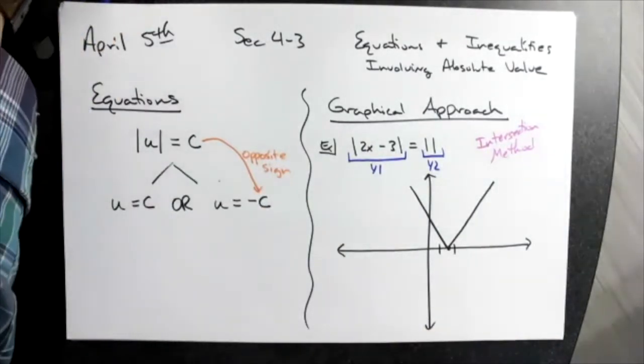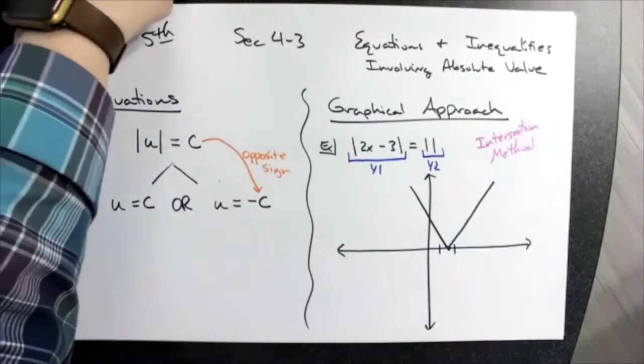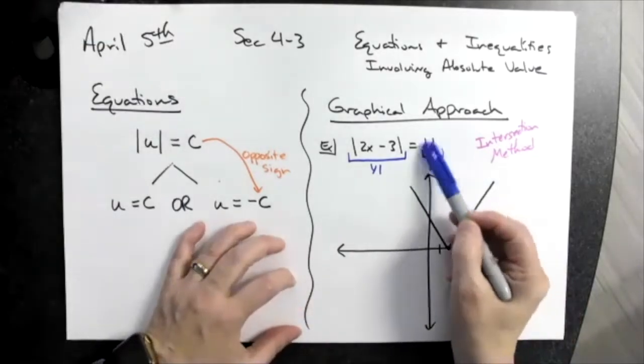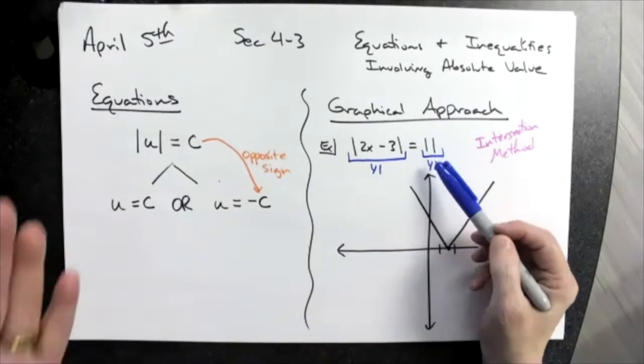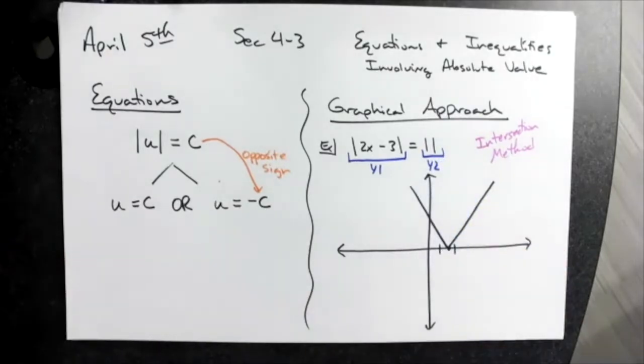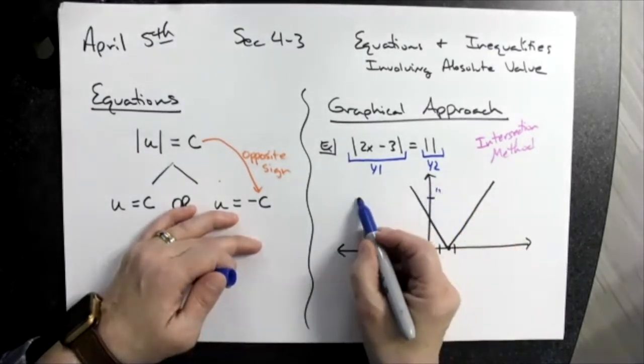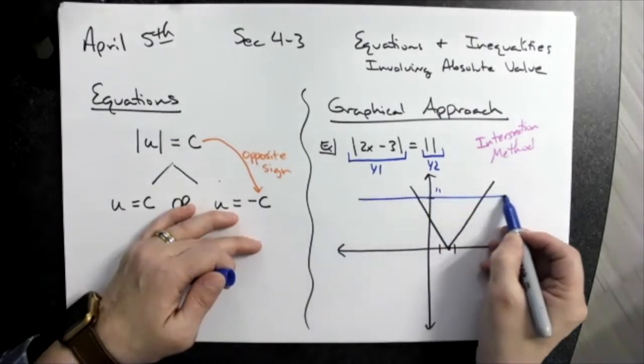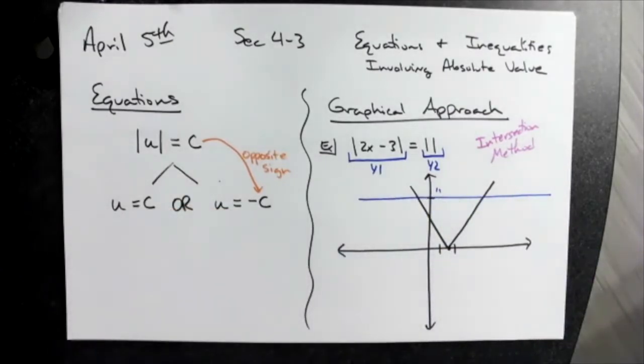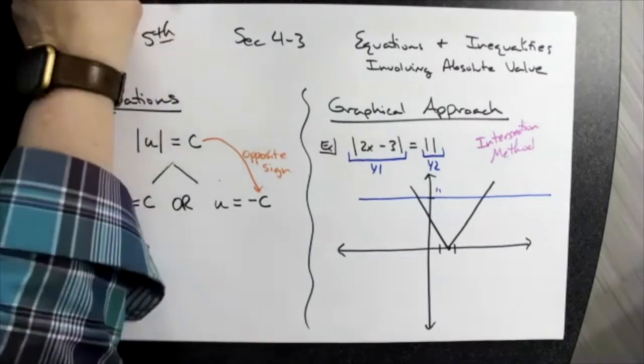And then I'll go ahead and use a different color. If the calculator were to graph 11, that's like y equals 11, so that's a horizontal line at 11. So right here where 11 is, the calculator would graph a horizontal line.